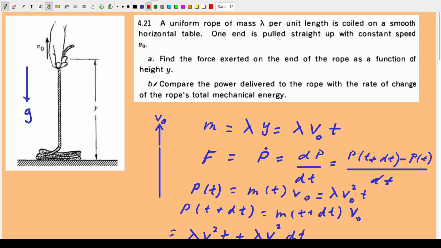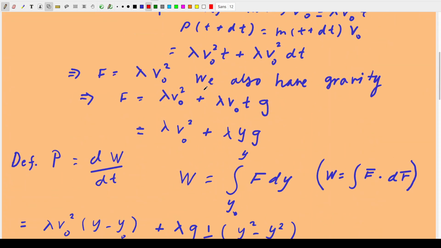Now to B, let's calculate the power. The definition of power P is the derivative of the work. And work is defined by this relation here: the integral of F dot product with dr. In this one-dimensional problem, we are integrating in the y direction, and the force is something we exactly found out here.